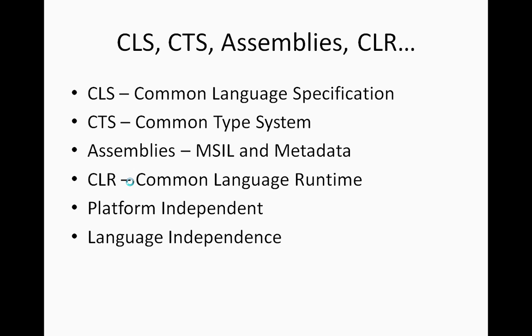Both are termed assemblies. An assembly basically holds two different pieces of information within it: the MSIL code and the metadata. We will see what the MSIL code is, which is called Microsoft Intermediate Language code, and the metadata. Metadata is nothing but data about the data, which describes the components within the MSIL. All assemblies in .NET are self-describing, which means they hold information about themselves. We will see how this is helping us.